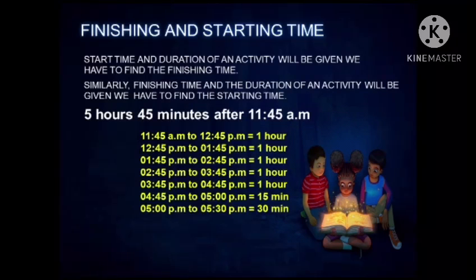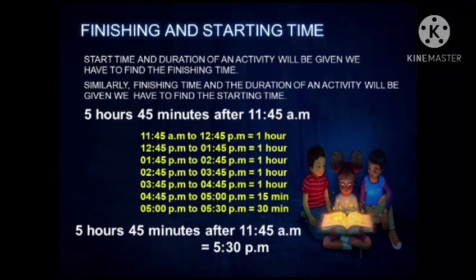So the starting time is 11:45. If you see the clock, where it ends is 5:30 p.m. So the starting is 11:45 a.m. and the activity ends at 5:30 p.m. The time interval is 5 hours 45 minutes after 11:45.